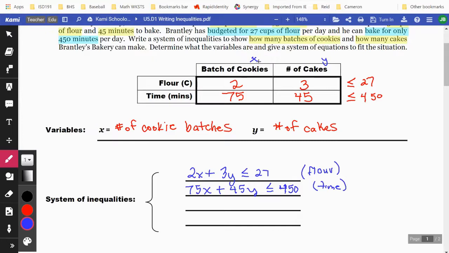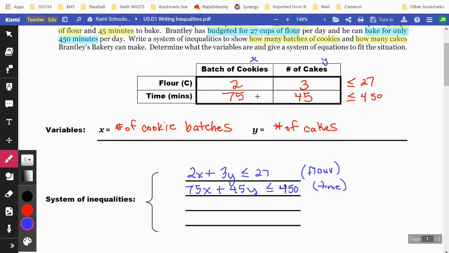Now, X is our variable that represents the number of batches of cookies. So let's think about, can X be any number possible? Well, no. I mean, we know that there's a limit based on the amount of flour and time that he has, but even what makes, I guess, more real life sense is that X has to be a non-negative number.